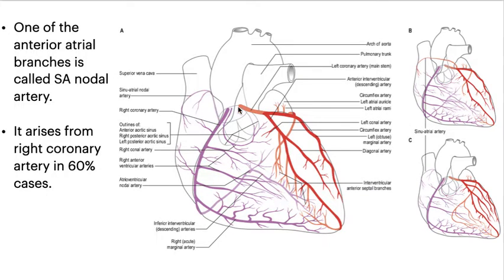One of the anterior atrial branches is the SA nodal artery, and it arises from the right coronary artery in 60% of the cases. You can see over here, this is the sinoatrial node artery, in 60% cases arising from the right coronary artery.